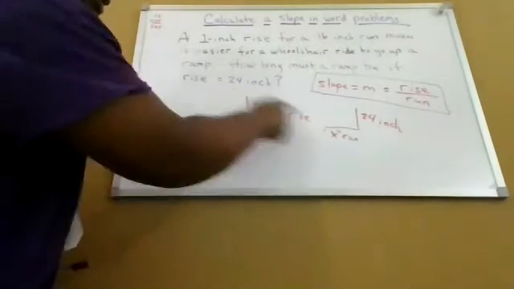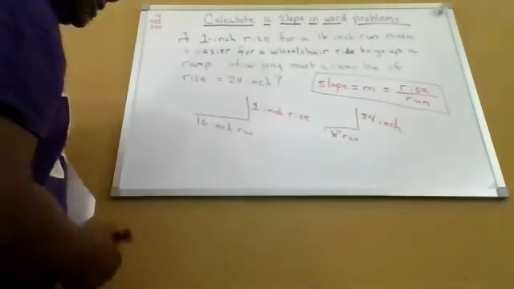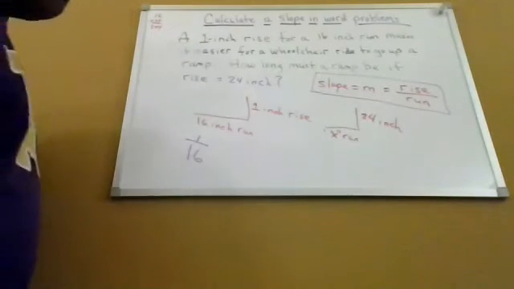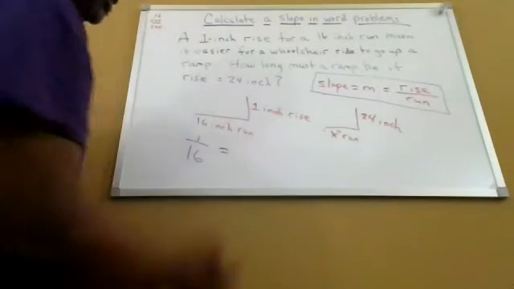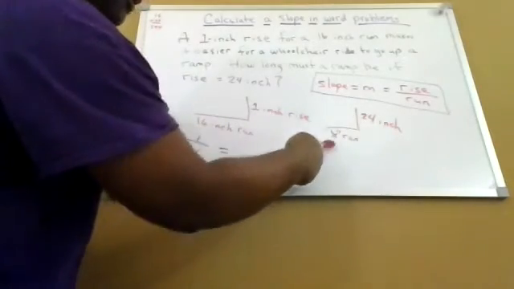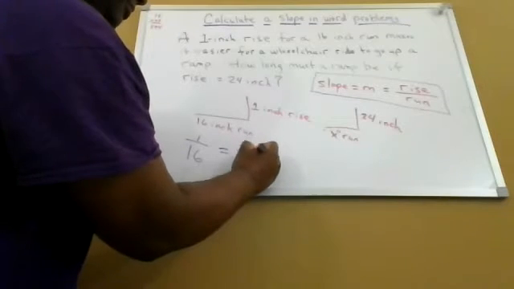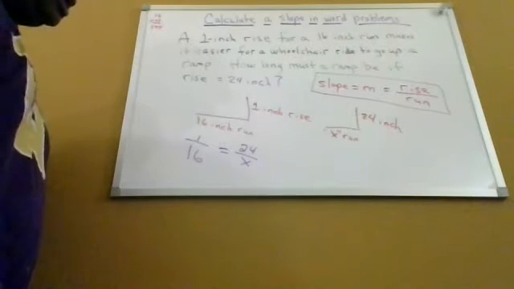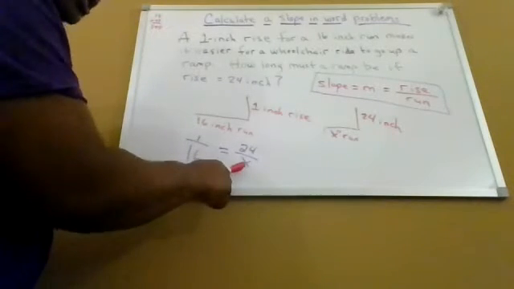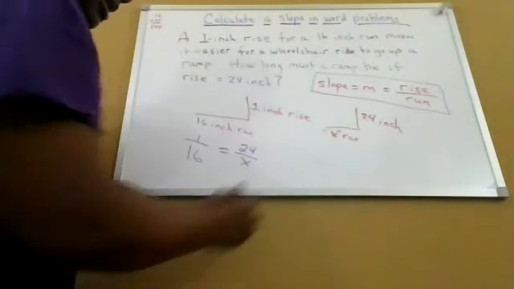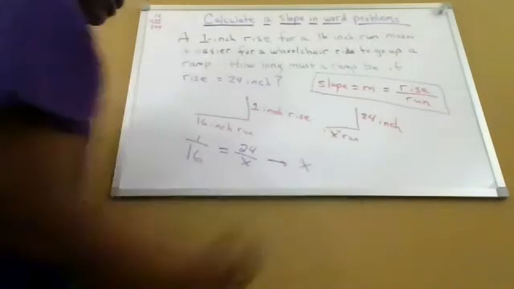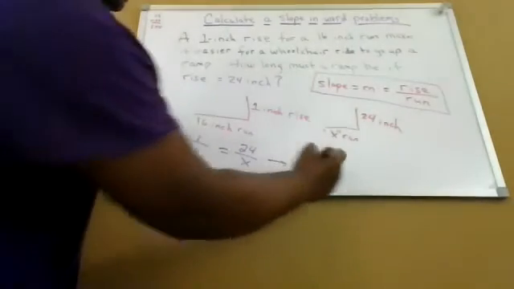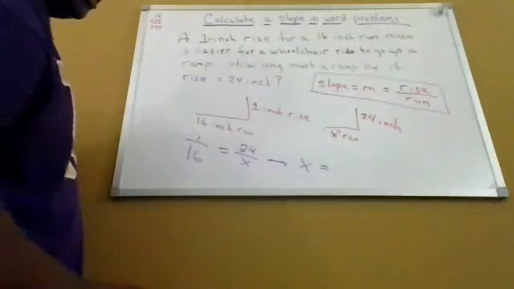So I can write this as 1 over 16 is equal to 24 over X. And now when I cross multiply, I get X times 1 equals X, and 16 times 24 is going to give me 384.